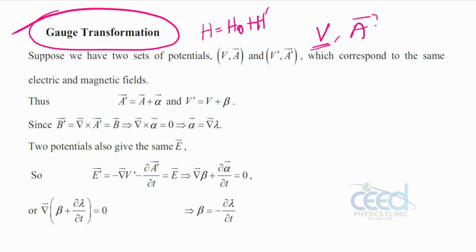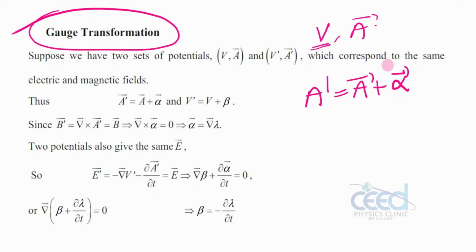Similarly, for the potential, this vector potential A dash, we take A plus alpha, which is a variable vector potential, and the scalar potential varies with a parameter beta, right?